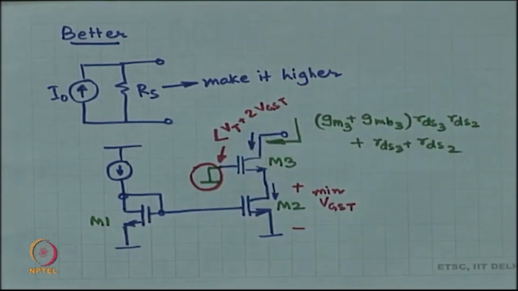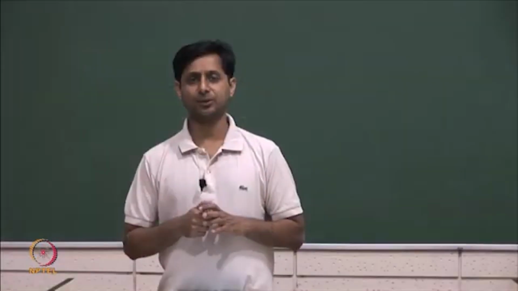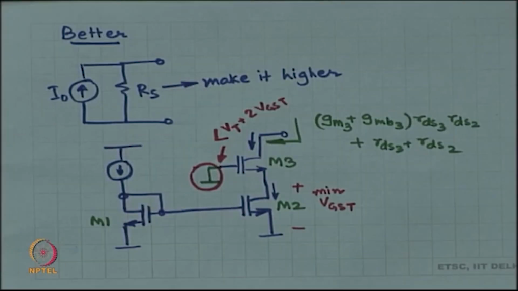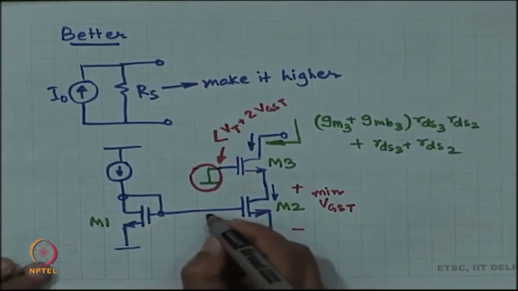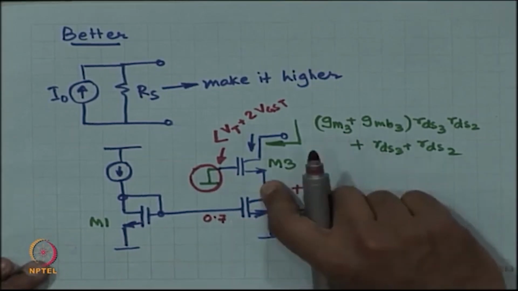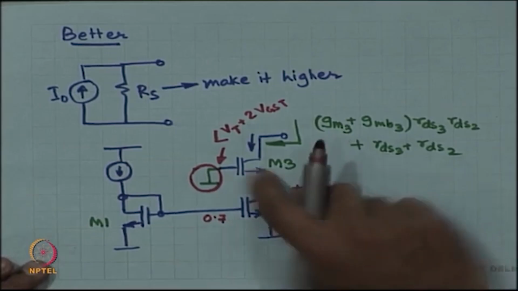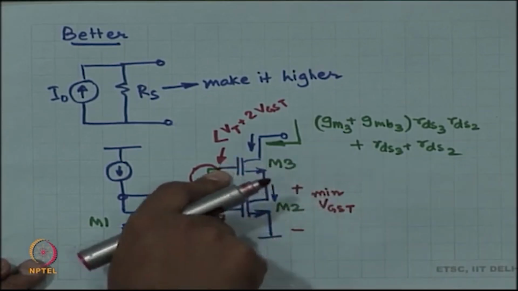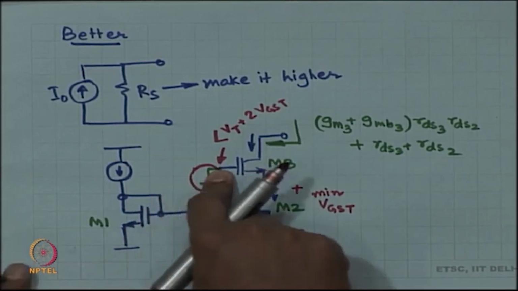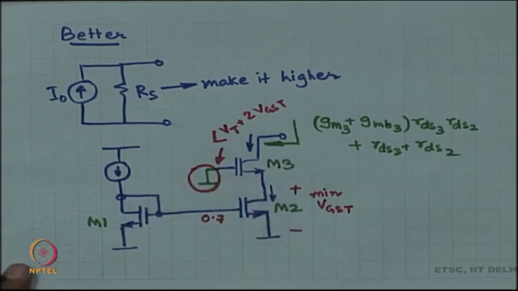Anything more than that is okay. For example, if your VGST is 0.2 volts and VT is 0.5 volts, then the voltage here is 0.7, right. The minimum allowed over here is 0.2, which means that the minimum allowed over here is 0.9, but then there is no maximum, it can be anything above 0.9.